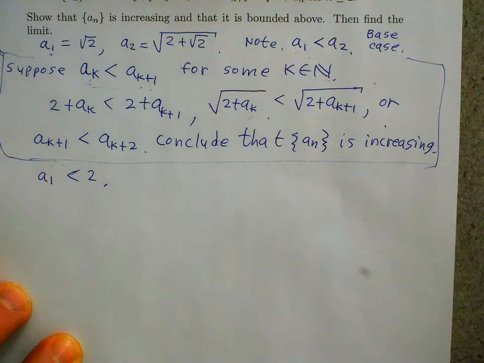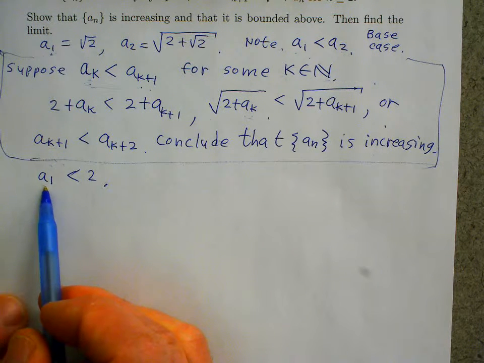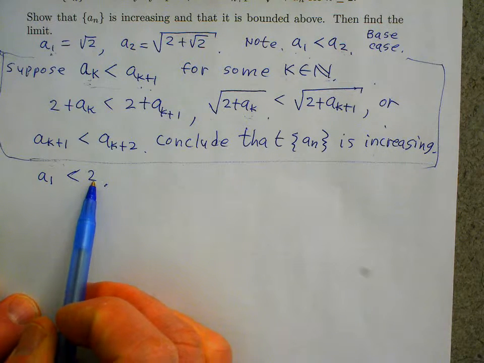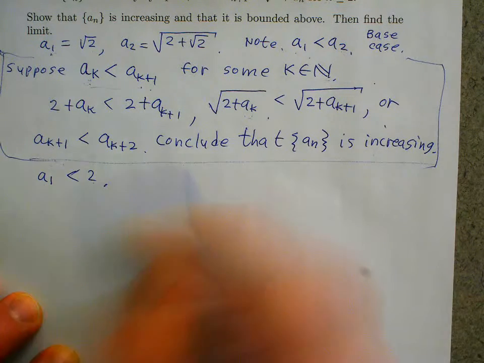So that is, we're going to use induction again to show that this sequence is bounded above and that 2 is an upper bound. So this is our base case.